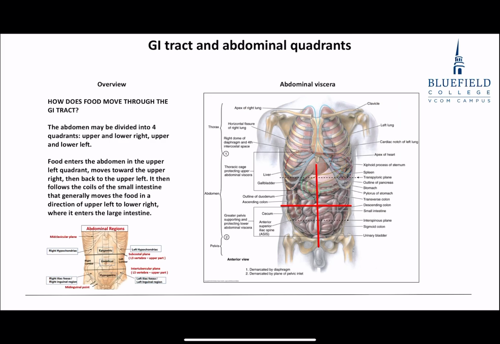So rather than having a median vertical line and a horizontal line that goes through the umbilicus, they'll have, I guess, a midclavicular line on the right and left, and then a subcostal line and an iliac line, a line between the tubercles on the ilium. And you get these nine regions there. So just so you're aware of that.